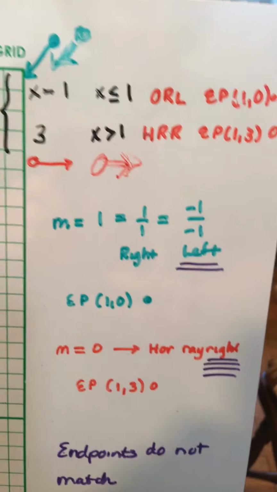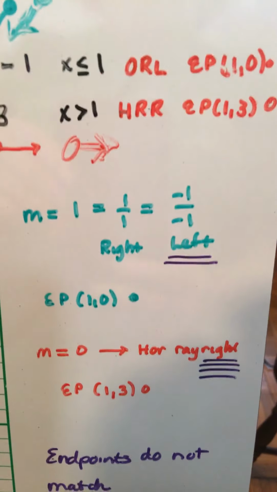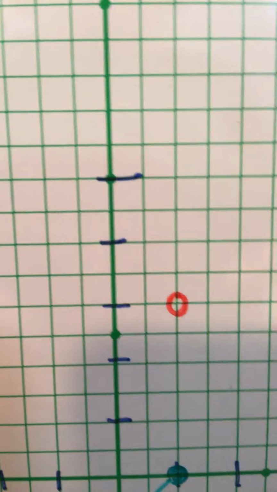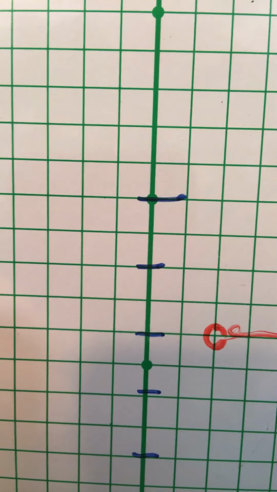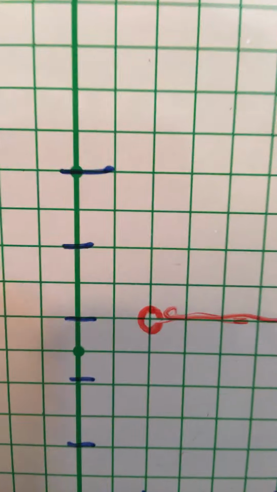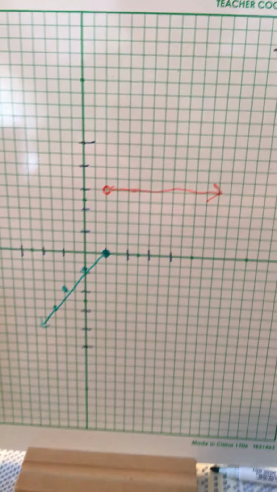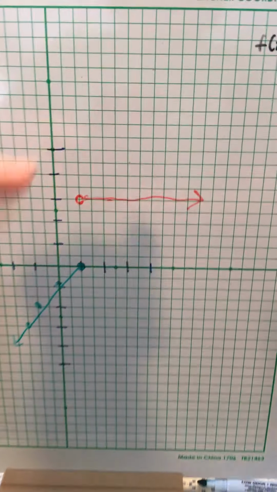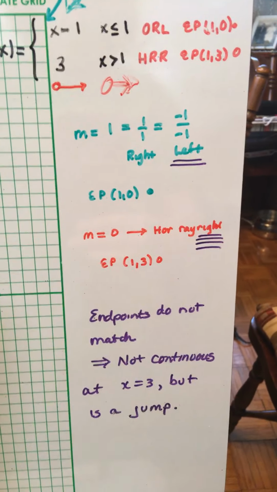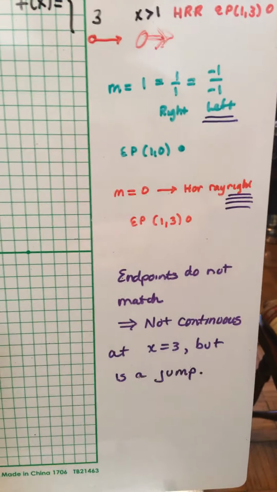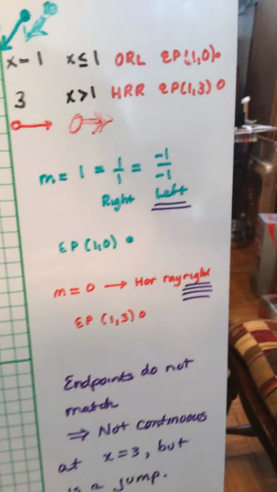But for the red portion, it's horizontal. And that's really cool because we know it's horizontal and to the right. And so I draw my horizontal ray to the right. I see these are disconnected, and we call that not continuous. Therefore, it's also given the name jump.